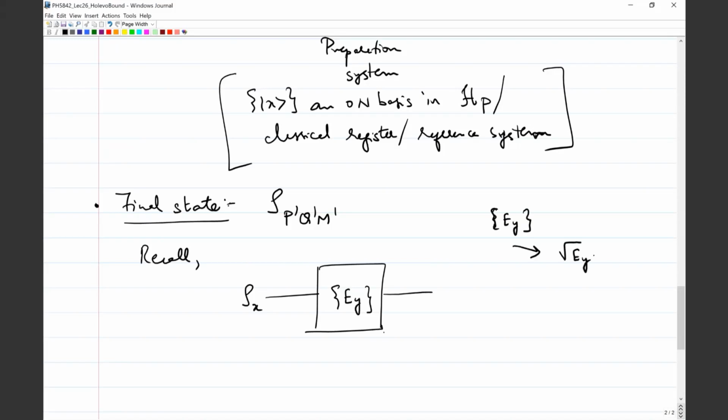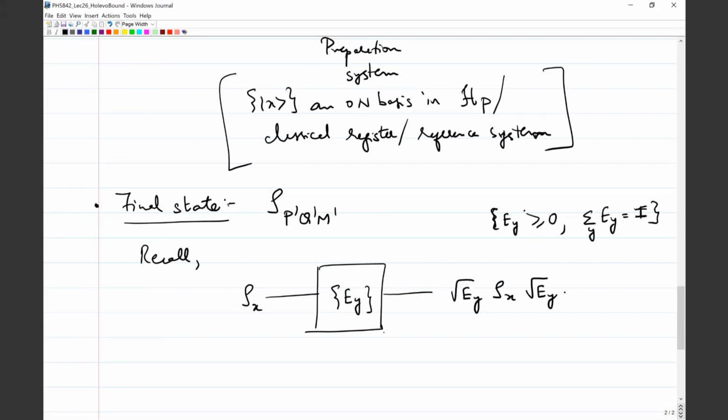Because recall that these E_Y are all positive semi-definite, and they sum to identity, right? So the transformation is of the form square root E_Y rho X square root E_Y, right? Because you need something which is a valid density operator at the end.